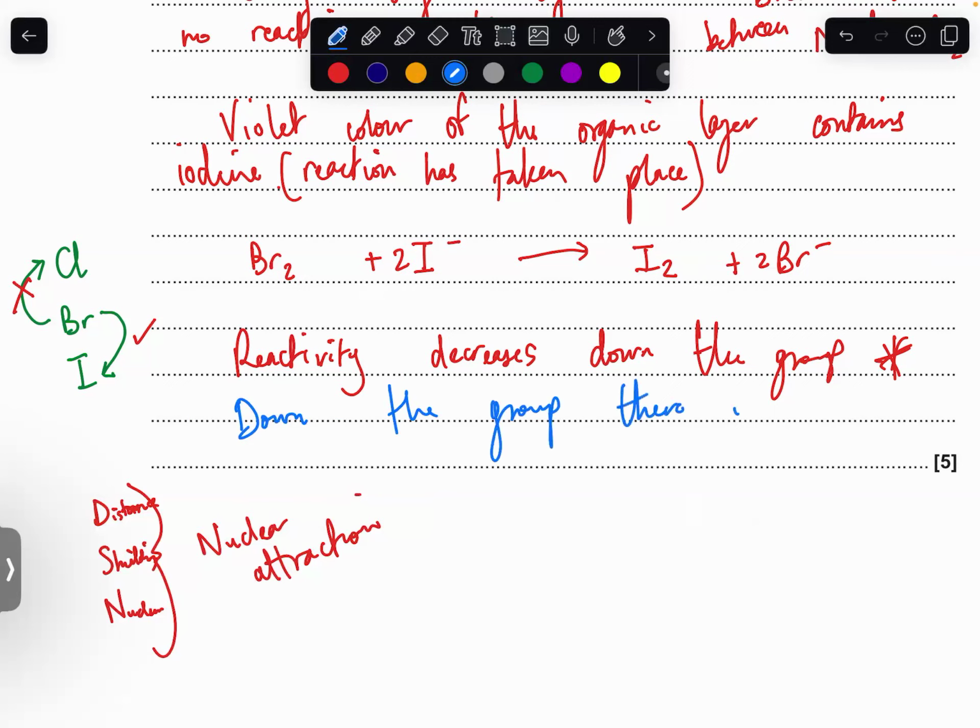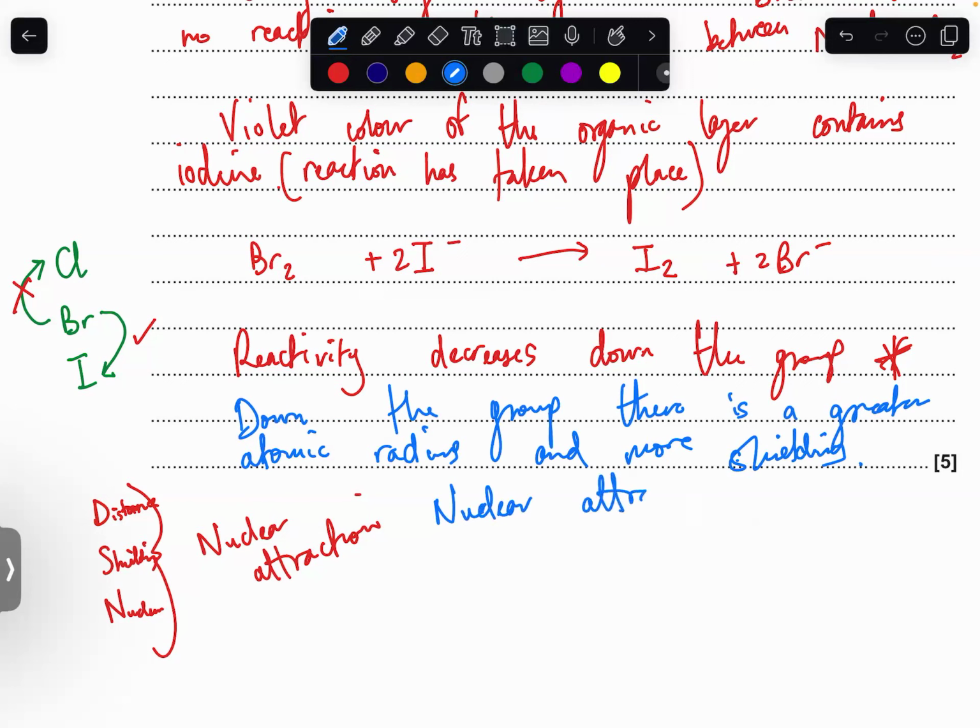There is a greater atomic radius and more shielding. And because of this, the nuclear attraction is less.